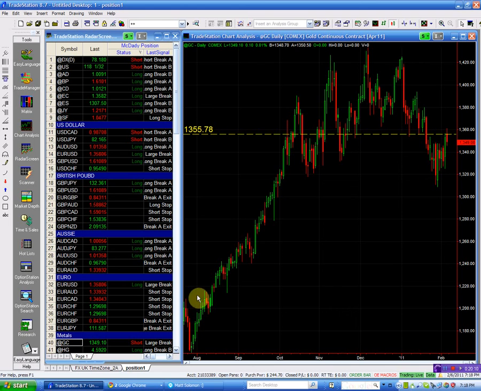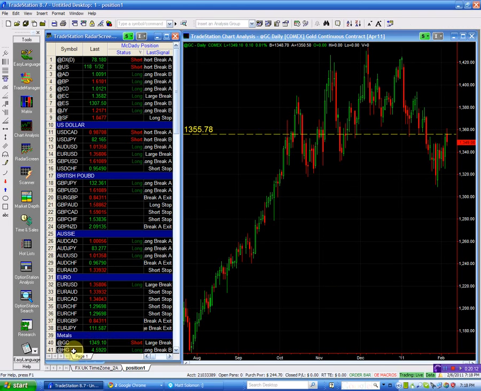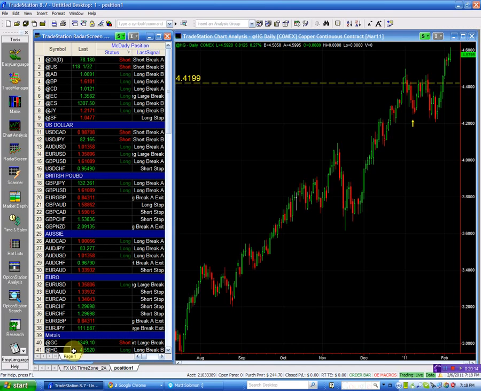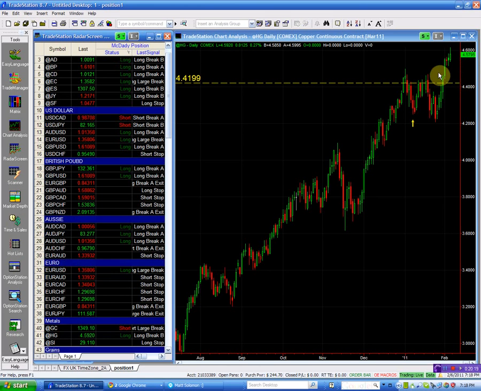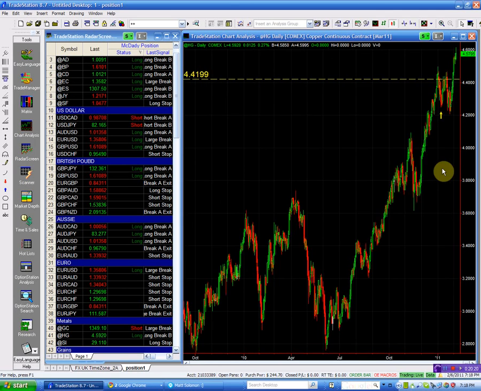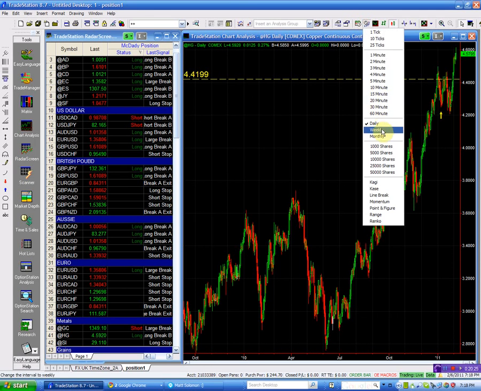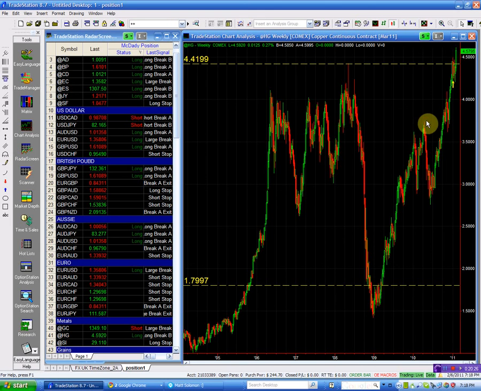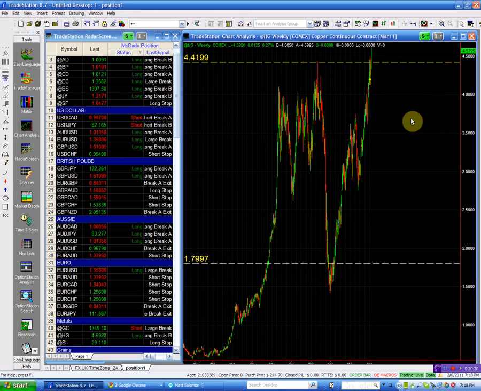Also, if you look at copper, which again also relates, even though this is an all-time high, don't get me wrong, this is an all-time high for copper. I mean, you've got a 25-year high in copper.